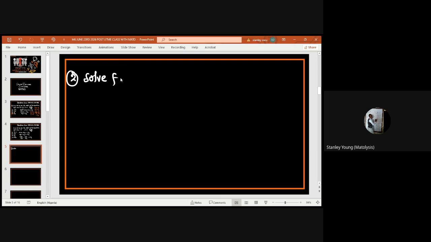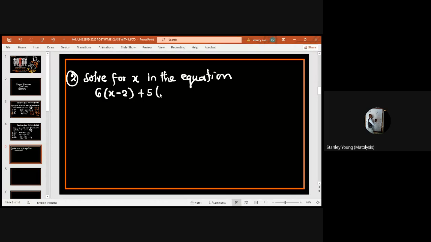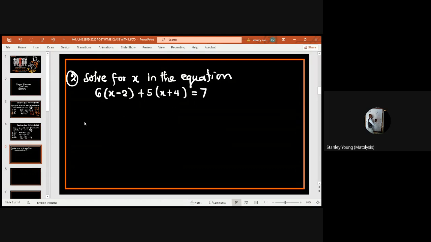It says solve for x in the equation 6 into the bracket of x minus 2 plus 5 into the bracket of x plus 4 equals 7. It's a linear problem, so I want you to attempt it first.